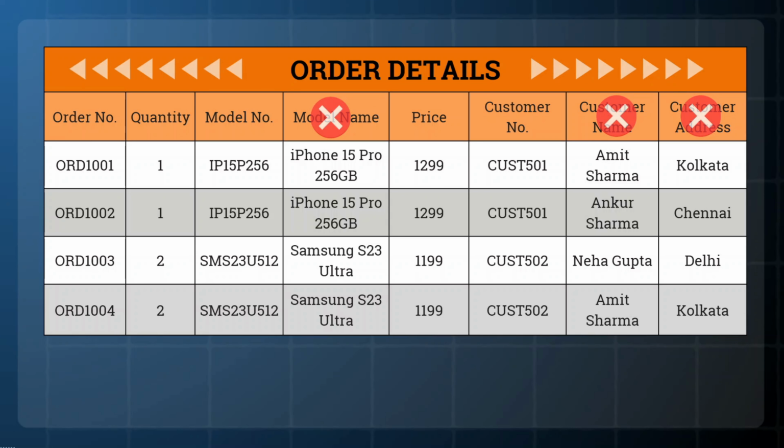Using the customer number, we can always find the customer name and address. These details represent master data. That is why master data is stored separately and we simply refer to it whenever needed. For example, if you want to see the address of Amit Sharma, I can go to the customer master data attributes.